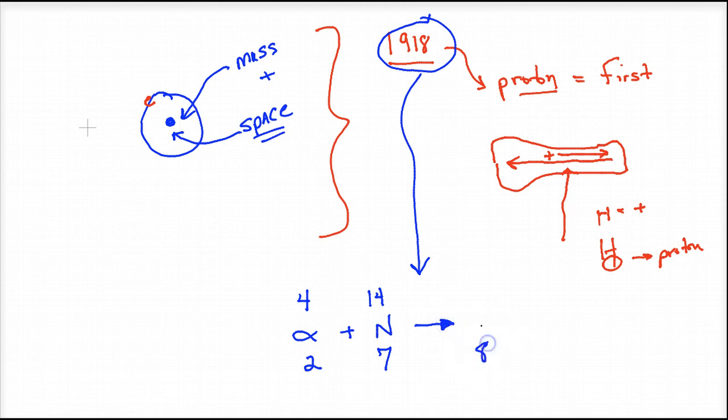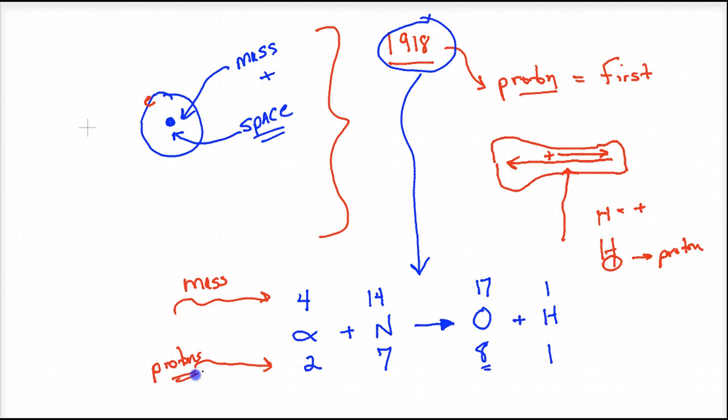It made an 8 for oxygen. Oxygen has 8 protons, and 17 is its mass number. It also made a hydrogen atom, which has a mass of 1 and an atomic number of 1. Now we haven't quite gotten there, but these top numbers are the mass numbers, as we'll talk about in a second, and these bottom numbers are the proton numbers that we've talked about before.